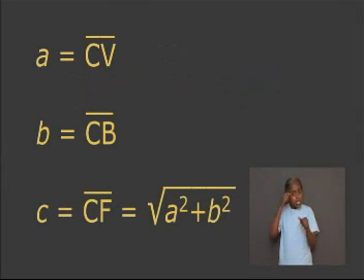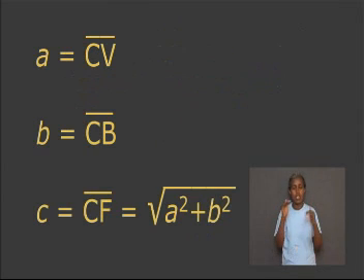Recall, students, that a is equal to the distance from C to V. b is equal to the distance from C to B. To find the distance c from the center to F or F prime, we use c equals the square root of a squared plus b squared.